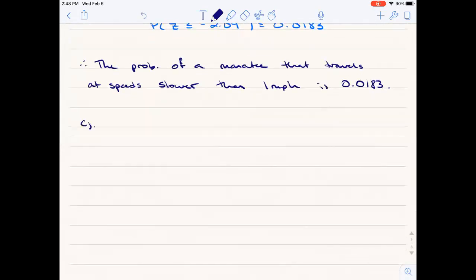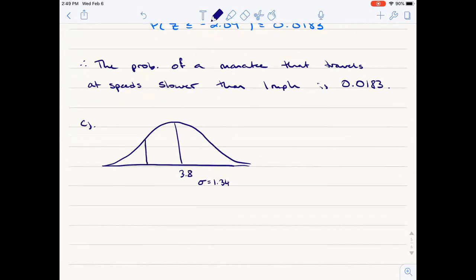So C, again, you're going to draw out your normal distribution centered on 3.8, and sigma is still 1.34. And now we want the slowest 15%, which is 0.15.